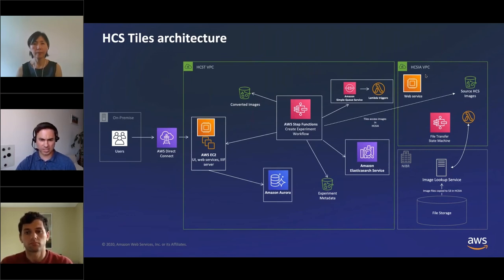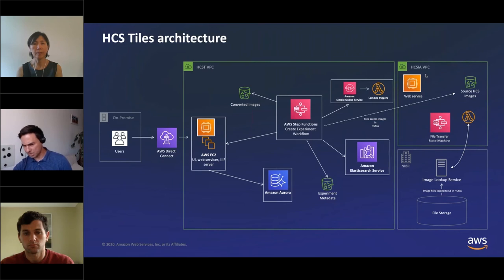Essentially it would trigger a workflow that would access the images, extract metadata from them, pre-process and create new derived images from them, and then report the state back to the end user.